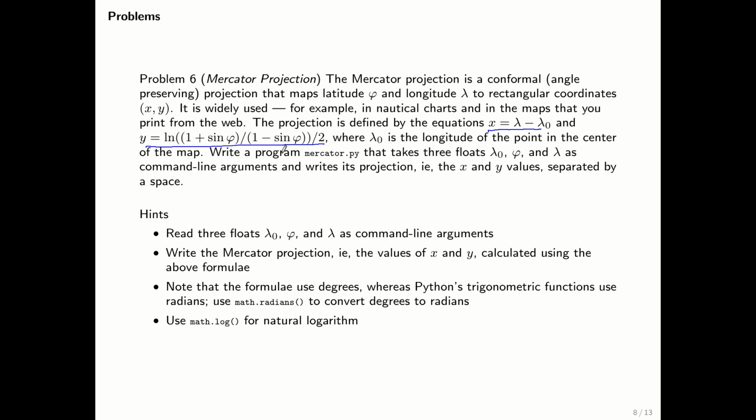And the same here, so keep that in mind. And the way you turn an angle from degrees to radians is using this function math.radians. All right, and then here you need the natural log of a number, so ln stands for natural log, so for that use the function math.log. So math.log is the natural logarithm, right?